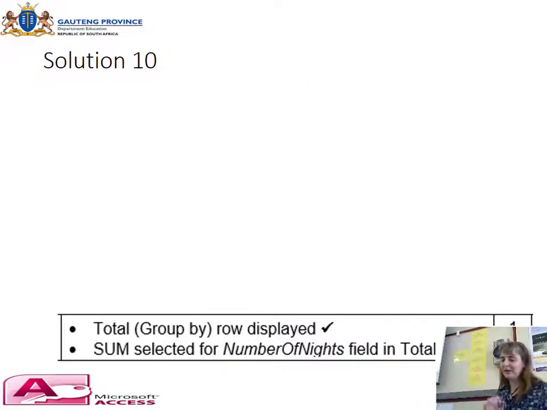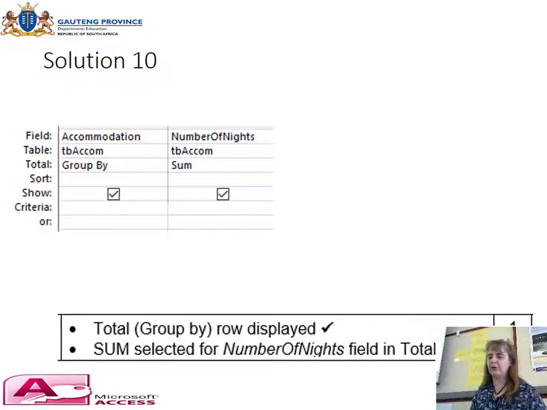Solution first. There must be a total group by row displayed, so it must be in there. And then the sum selected for the number of nights field in the total row. So what does it look like? Then we have accommodations. And then we need to now have the number of nights.